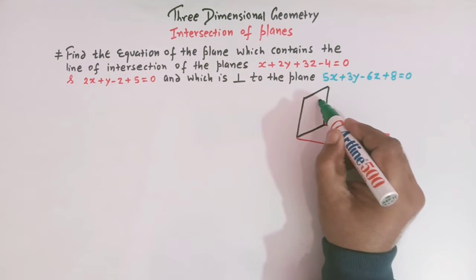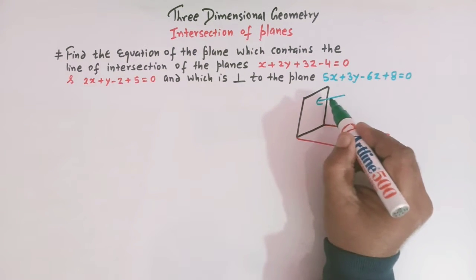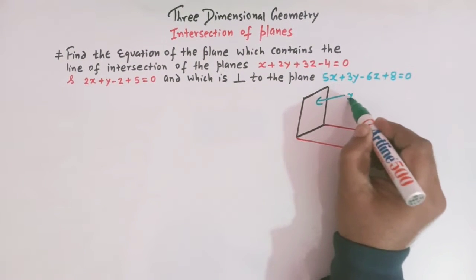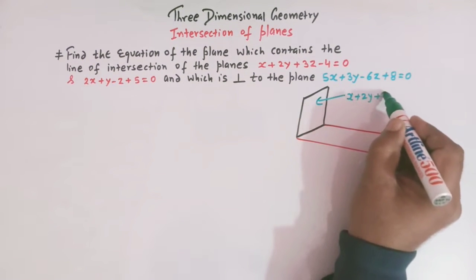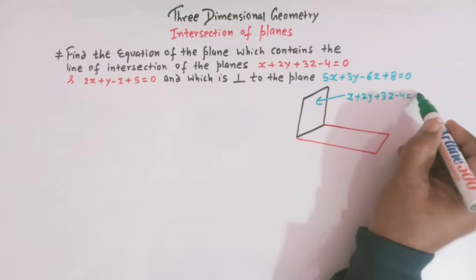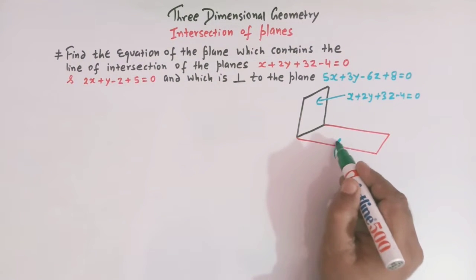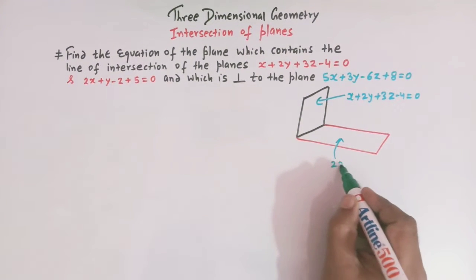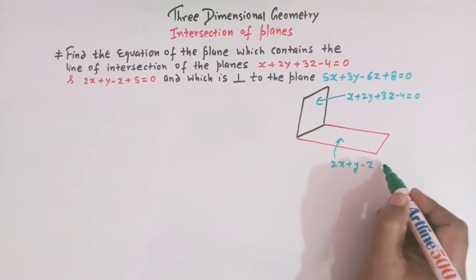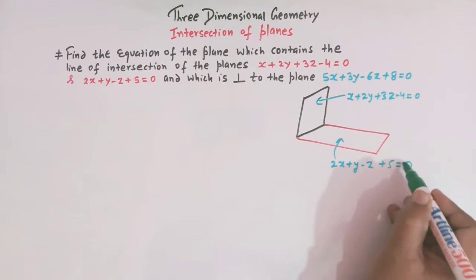So let us take this plane as x plus 2y plus 3z minus 4 is equal to 0, and let us take this plane as 2x plus y minus z plus 5 is equal to 0.